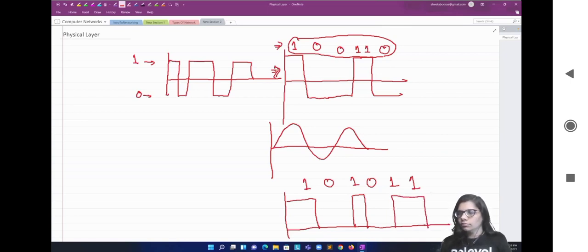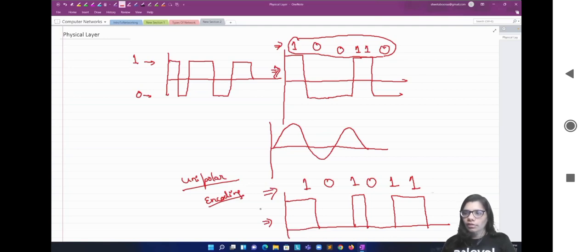So this is how you represent your digital data in the form of a digital signal in unipolar encoding. There is no rest condition. We are just showing high voltage for 1 and nothing for 0. So there is no rest condition here, right? Basically for high voltage, this is your amplitude for voltage and this is your time taken.